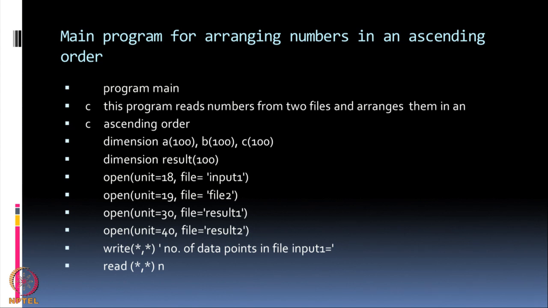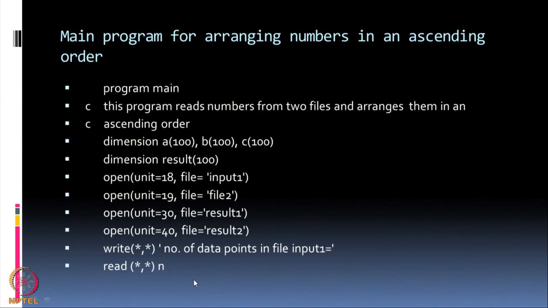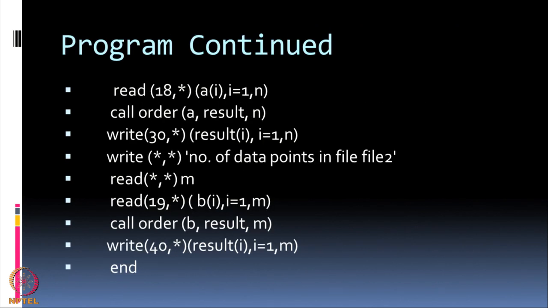Now, the next thing the program does is it will ask you to input n, how many data points are there to be read from file input 1. So, once you read that, it will now read all those numbers a(i) from 1 to n, that is if n is 10, it will read 10 numbers from this particular file input 1.